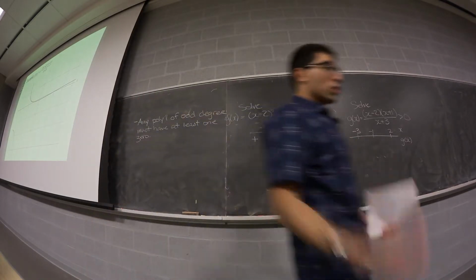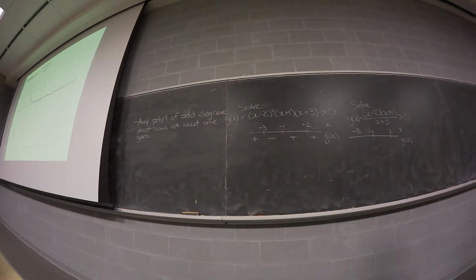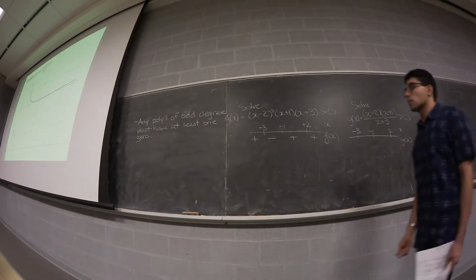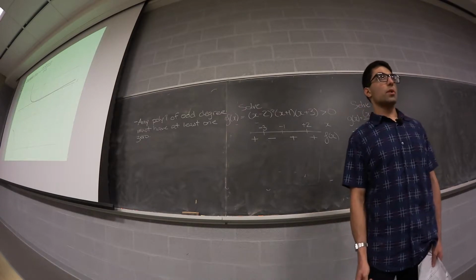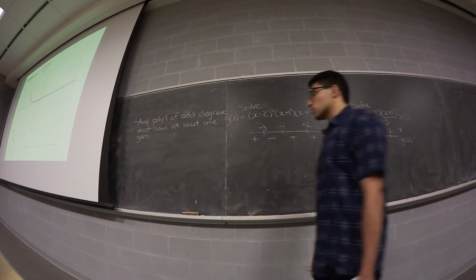So if you have a cubic polynomial or a line that doesn't have infinite slope, or a quintic polynomial or anything like that, it's going to have at least one zero. Which is not something you can say of polynomials with even degree.